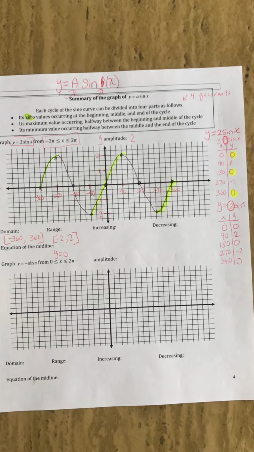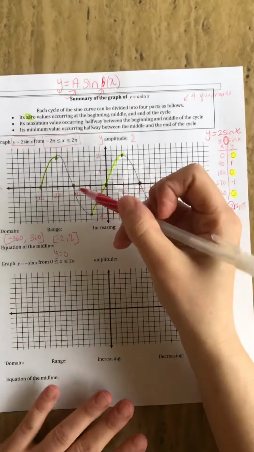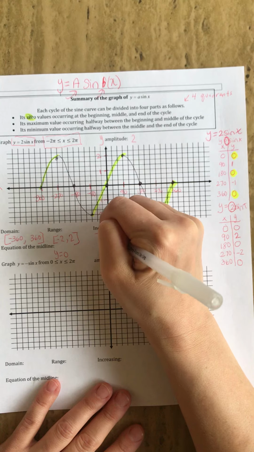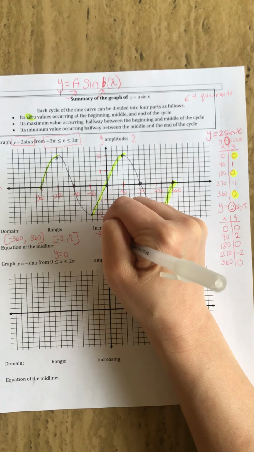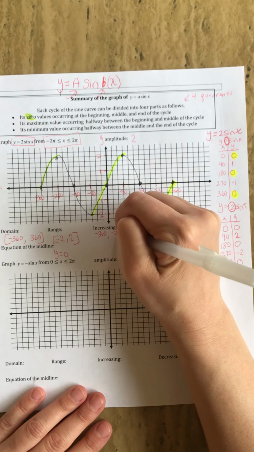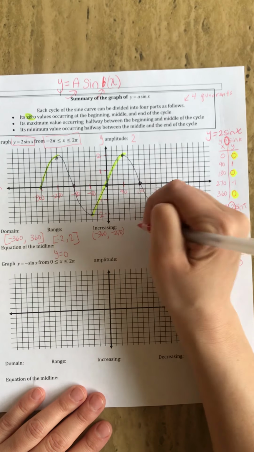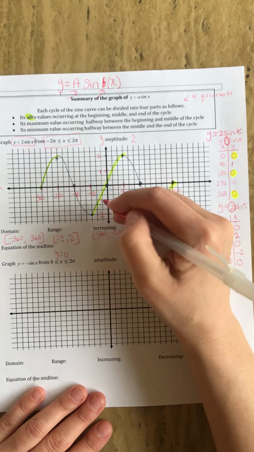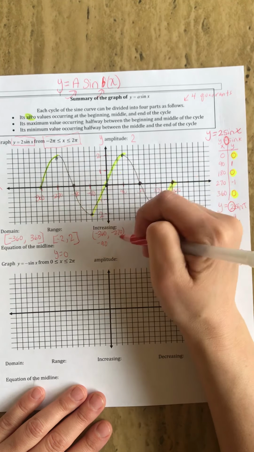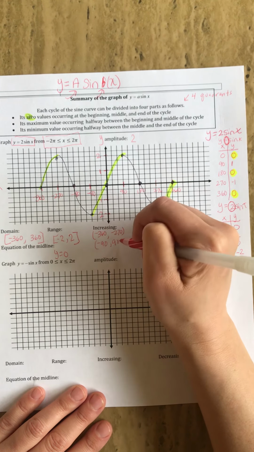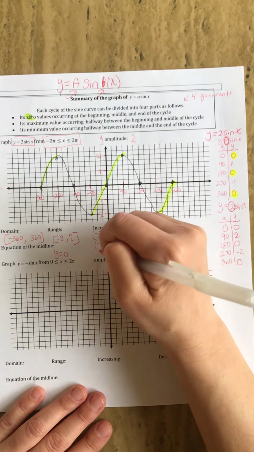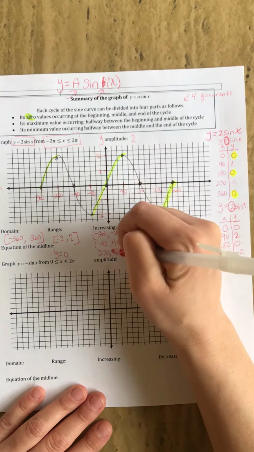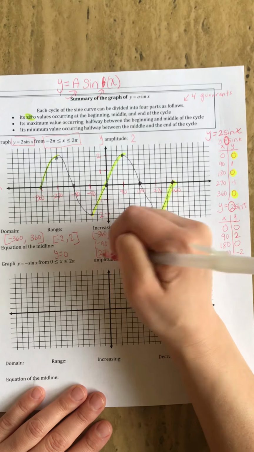So those are the 3 spots that we are seeing an increase. So from negative 360 to negative 270. We also see it from negative 90 to positive 90. And last but not least, 270 to 360.